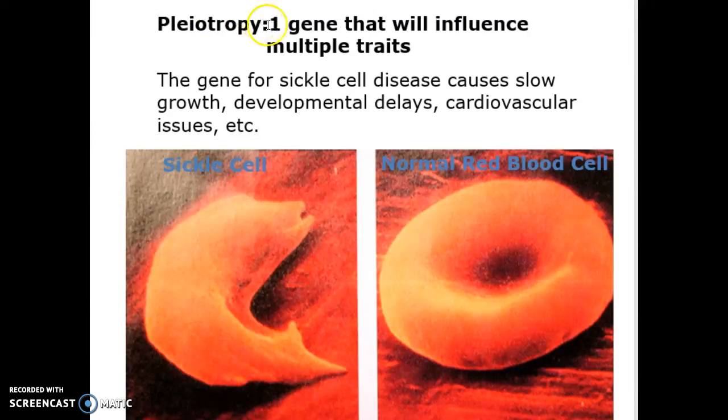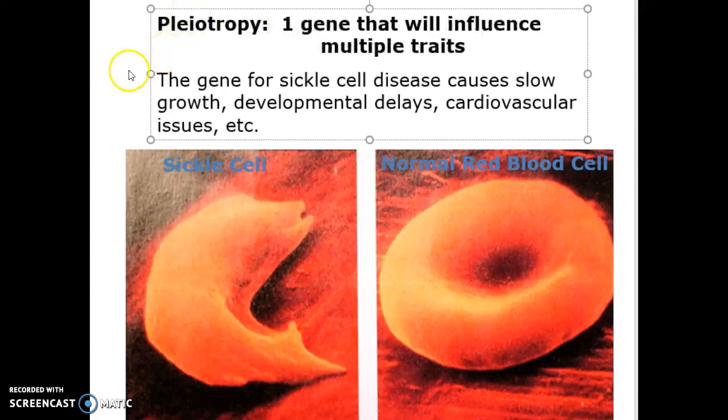It's multiple traits. So the human example here is sickle cell. There's a gene that causes the protein to form in a certain way to give your red blood cell a specific shape. So there's a gene for the shape of your red blood cell. Again, keep in mind, genes equal proteins, proteins equal expression of traits.